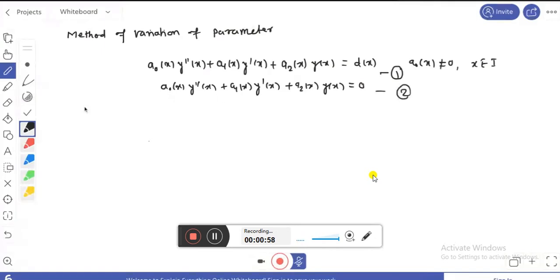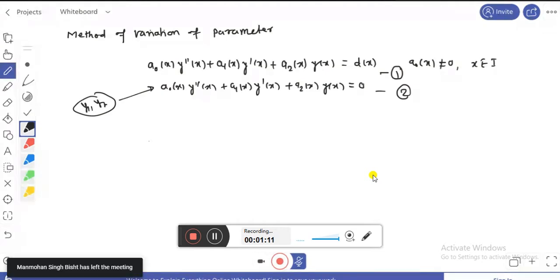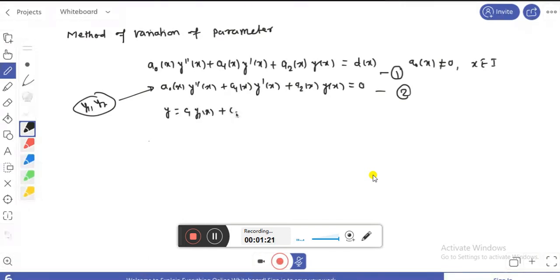If y1 and y2 are two linearly independent solutions of this linear homogeneous differential equation, then you can find the general solution: y equals c1 y1(x) plus c2 y2(x), which is the linear combination of those two. This is the general solution of equation number two.